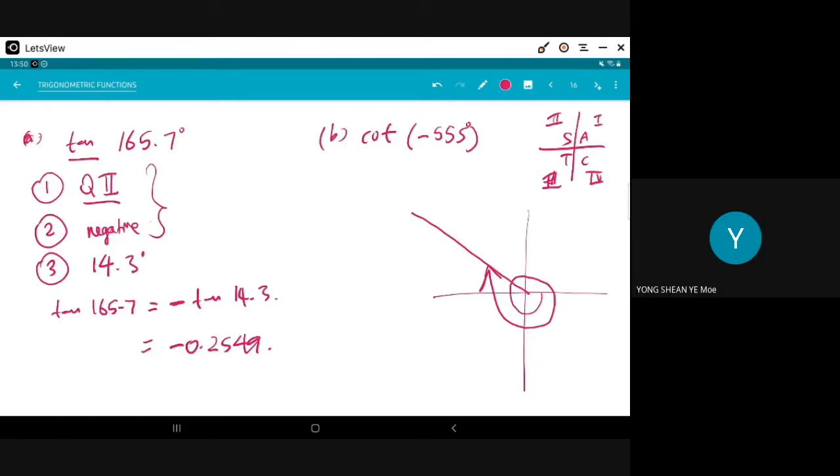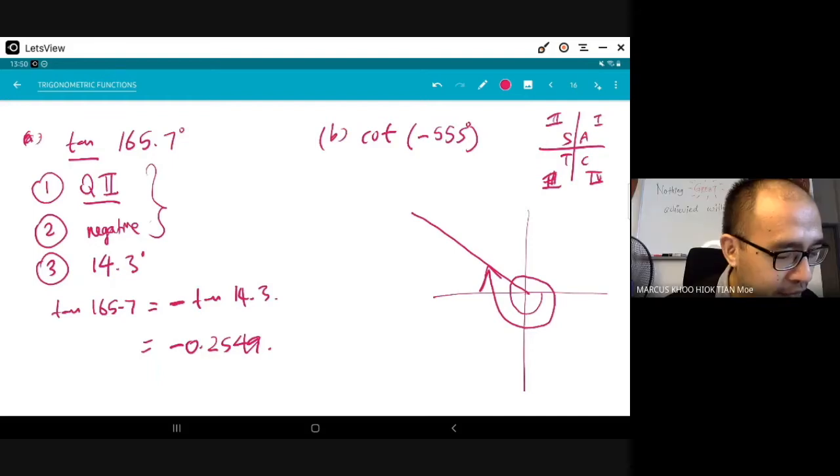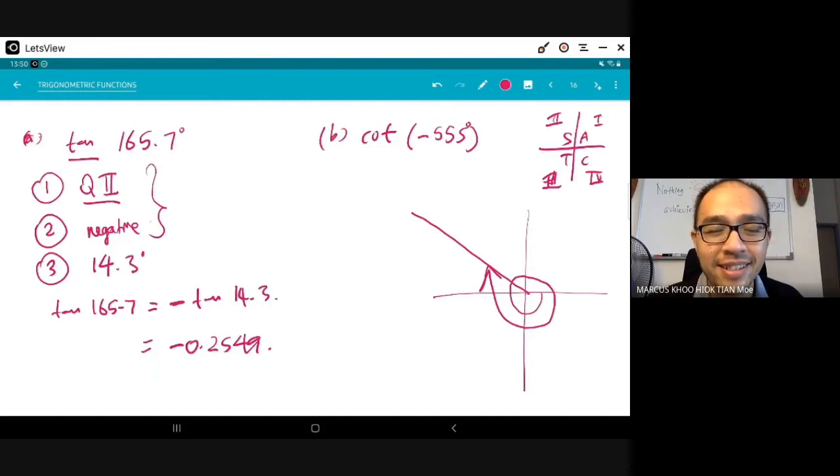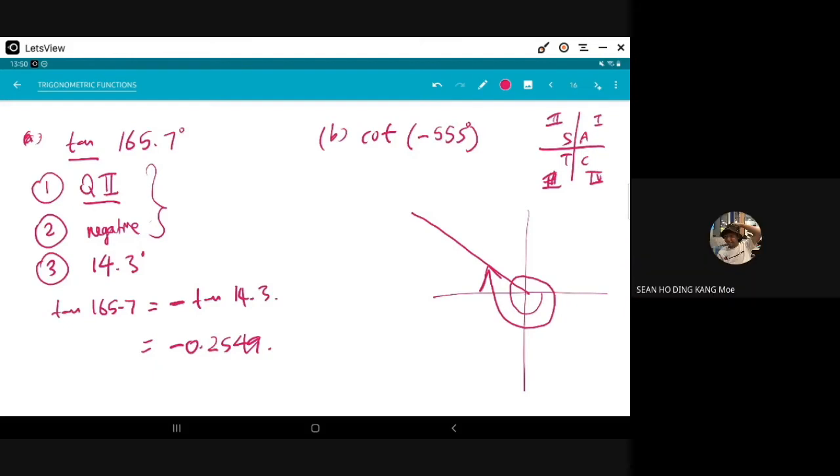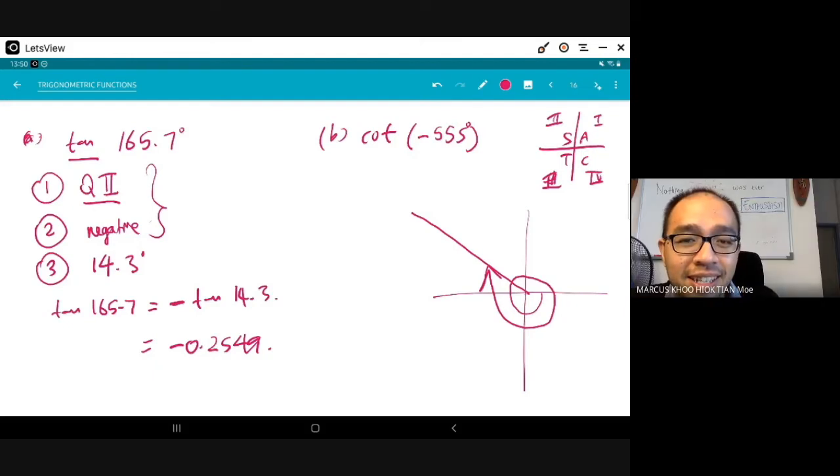Someone said third. 555 minus 360 is 195. For negative 555, you have to rotate the other way, not anticlockwise but clockwise.